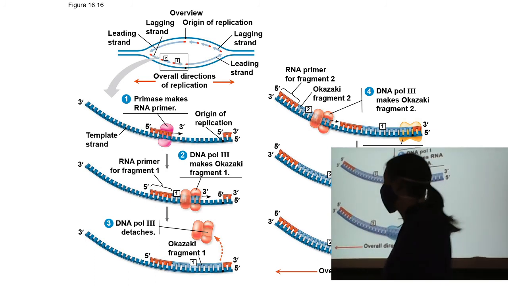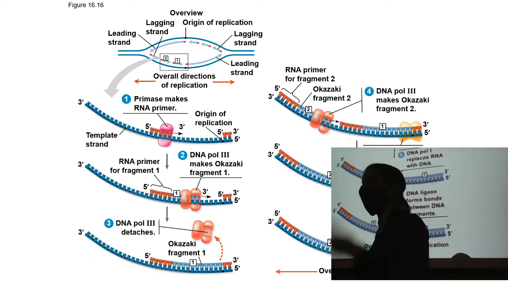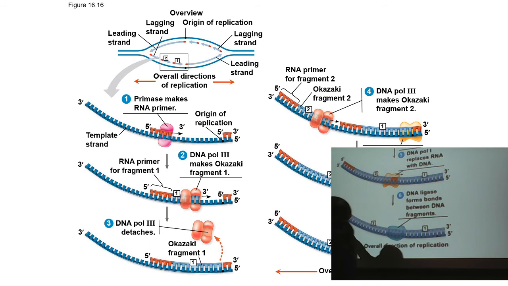The lagging strand has the opposite problem, where as helicase opens this up, you expose this DNA that needs to get replicated. But whereas this one with the primer had the 3' end, this one's got the 5' end, so it has to keep starting and stopping.